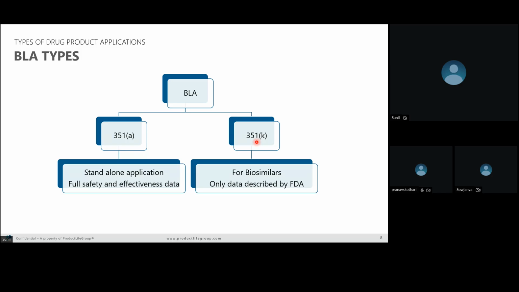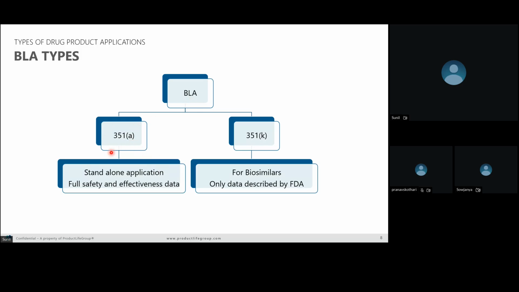Here it is the PHS Act and the sections are 351A and 351K. In NDA, there was ANDA for generics. Here there is no ABLA. BLA is only BLA. For generics also it is called BLA, and for innovator also it is called BLA.